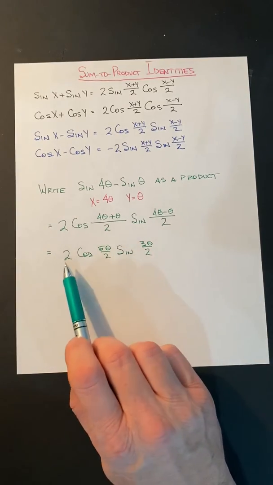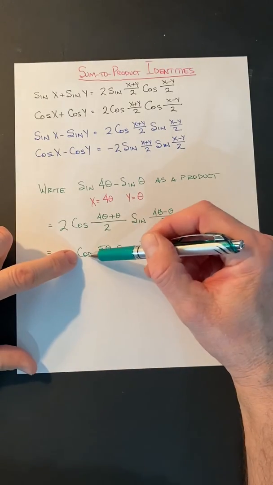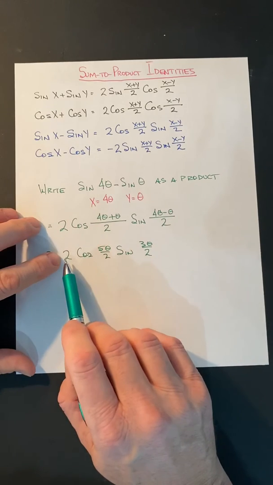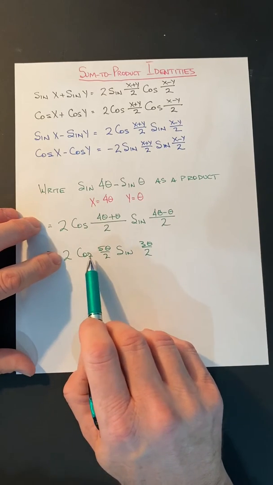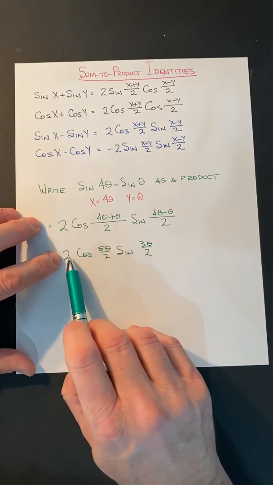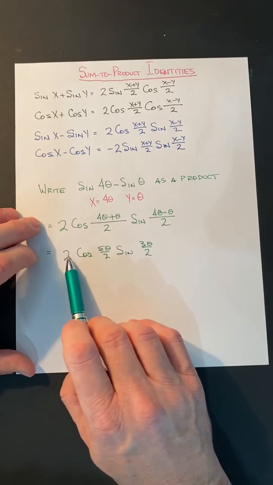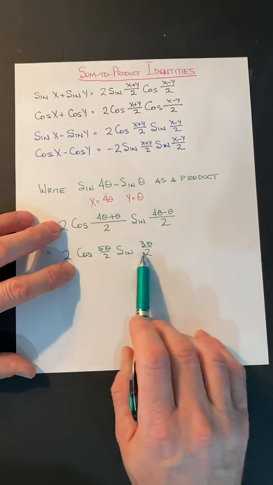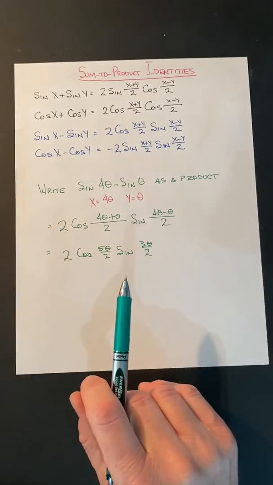But you remember, we're talking about the cosine of half an angle. This is double that cosine value. So you have to treat this coefficient separate from all of the work that you're doing inside of here, okay?